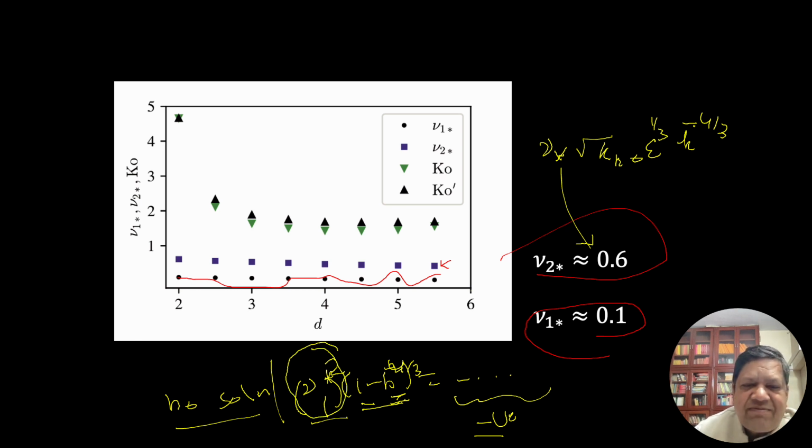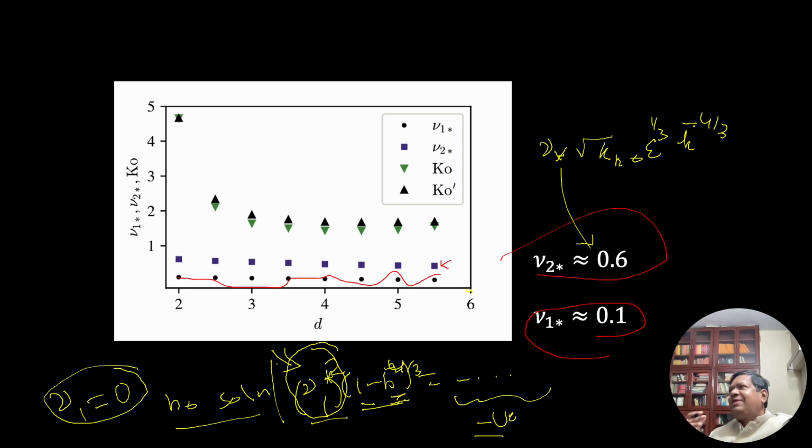So that's where I believe that at d equal to 6, the Kolmogorov minus 5/3 is not a solution, but nu1 equal to 0 is a solution. Well, we know that is a solution, but whether it's a stable solution, whether 5/3 is unstable, that needs a bit more work, which I have not managed to do so far.